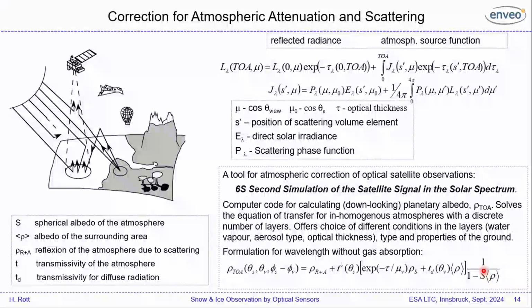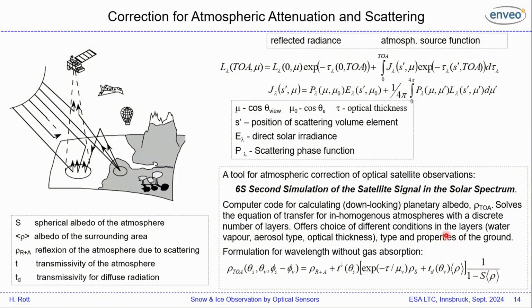So what we need is really an estimate of the albedo of the surrounding area to invert this, and we need information on this scattering function of the atmosphere.